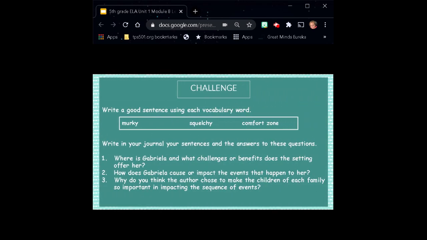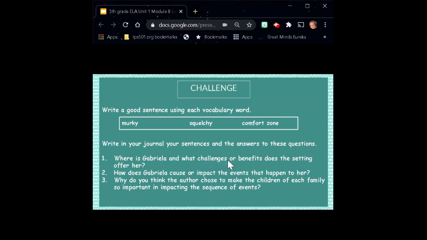Your next assignment is to use the vocabulary words in good sentences and to answer these three questions. So, your vocabulary words are murky, squelchy, and comfort zone. Then you need to write in your journal your answer to the questions below.